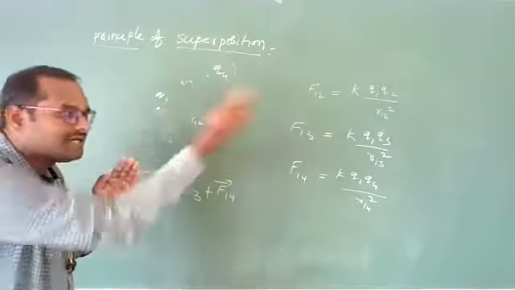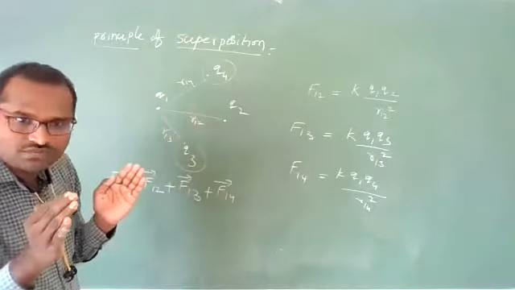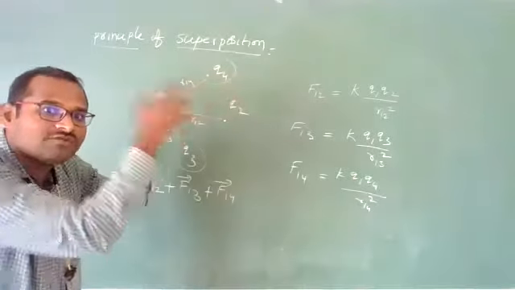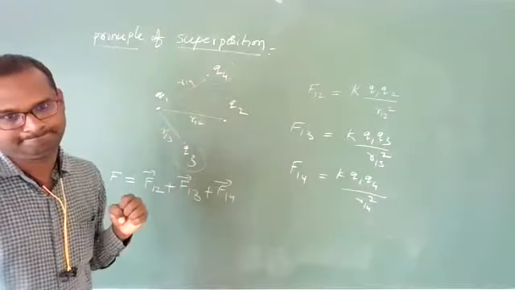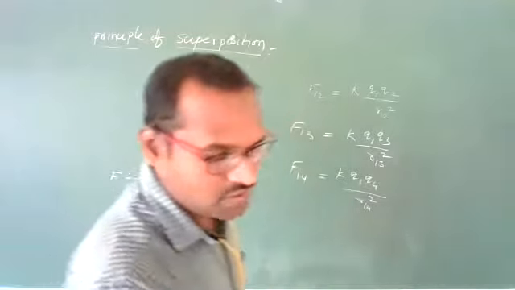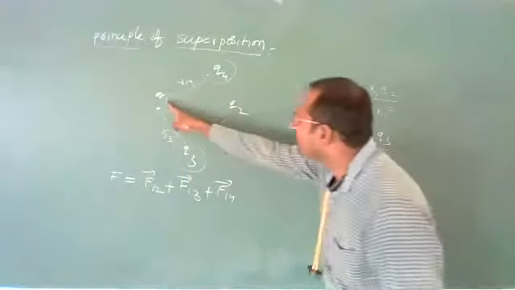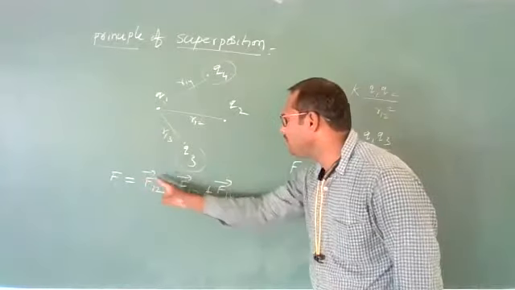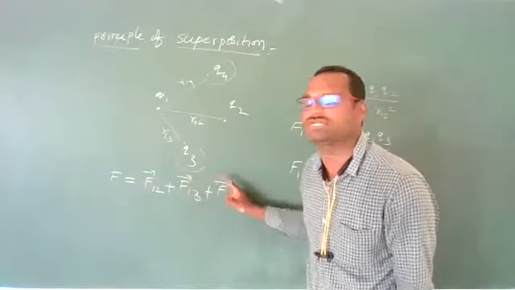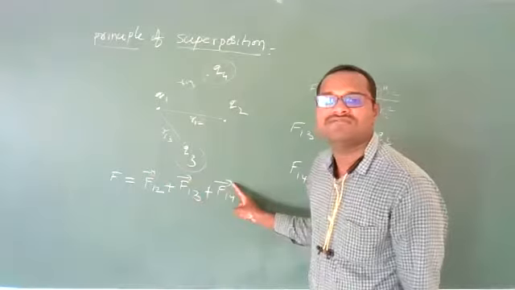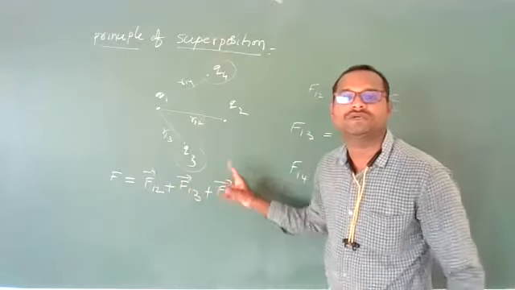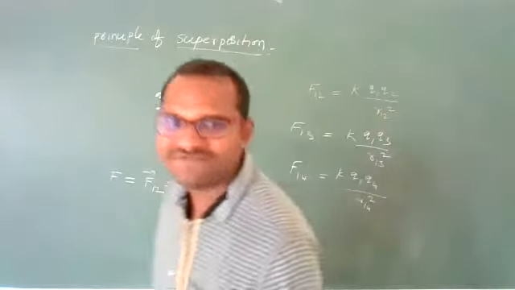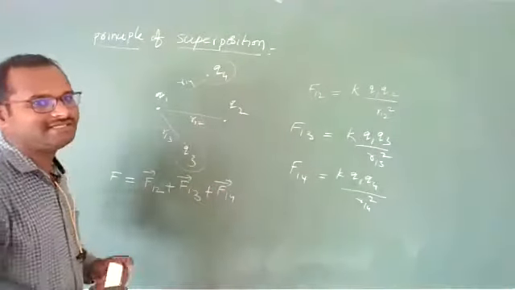But on one charge, the net force will be somewhat different. So net force on one charge is the summation, scalar or vector? Vector summation of all the forces acting on a charged particle. This is called the principle of superposition. I hope you understand it very clearly.